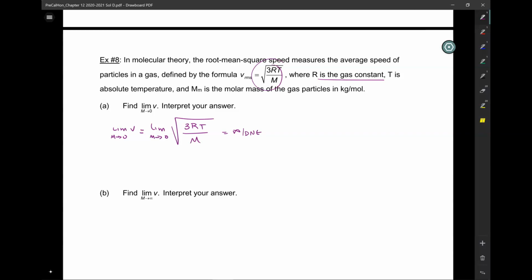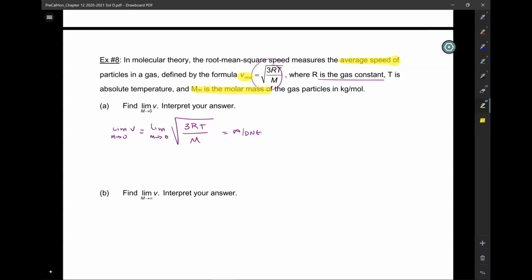This is my favorite part. This is the average speed of the particle. V is the average speed. M is the molar mass. So, somebody tell me in English, what's happening here?